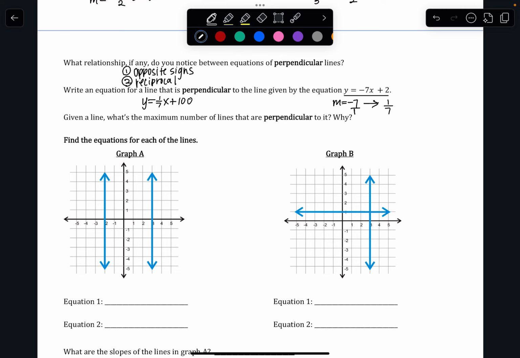We could do the 100 y-intercept, we could do the 0 y-intercept, and so once again, there are infinitely many perpendicular lines because the y-intercept can be anything. We don't care about the y-intercept.